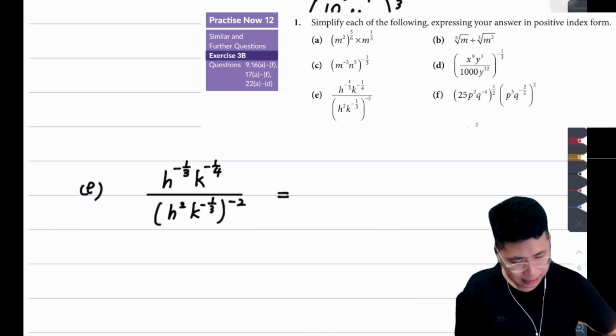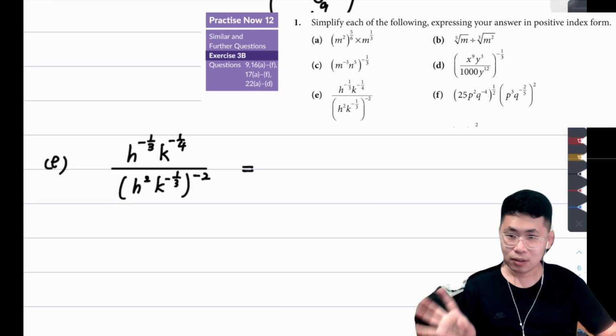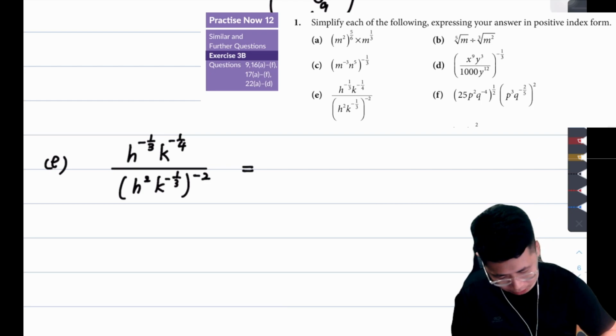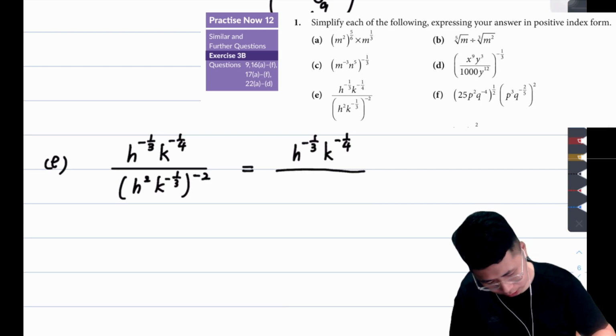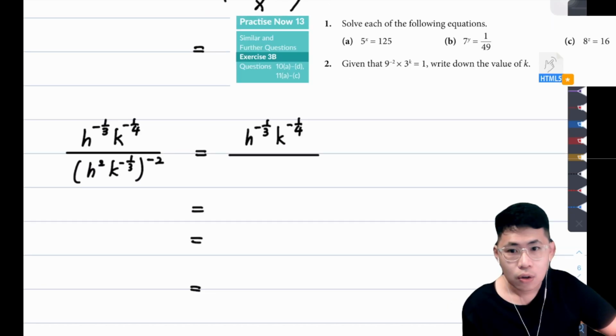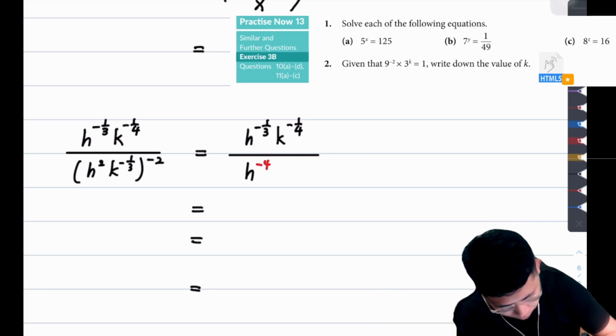Part E, we have this thing over here, and we have a complicated denominator. So I'm going to leave the top alone first and settle the denominator. So I'm going to have h to the power of negative 4. Let's do this carefully. k to the power of positive 2 over 3. With this, I have my h.